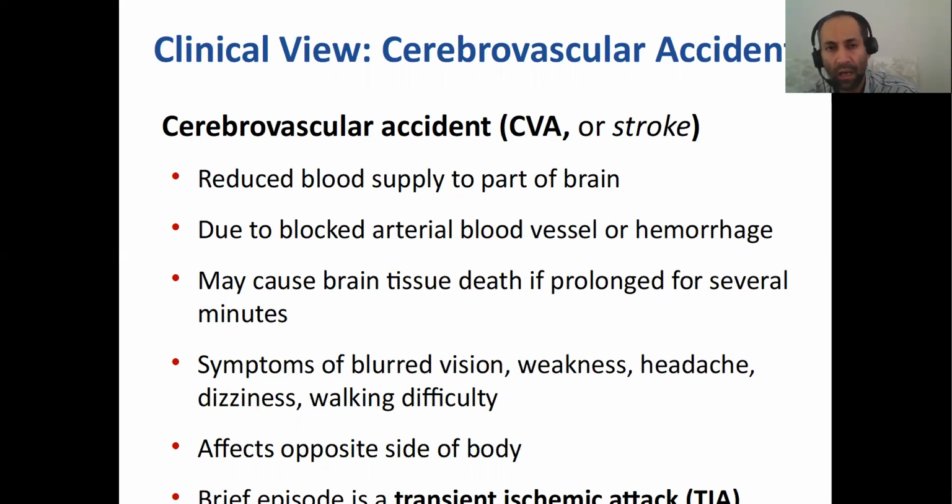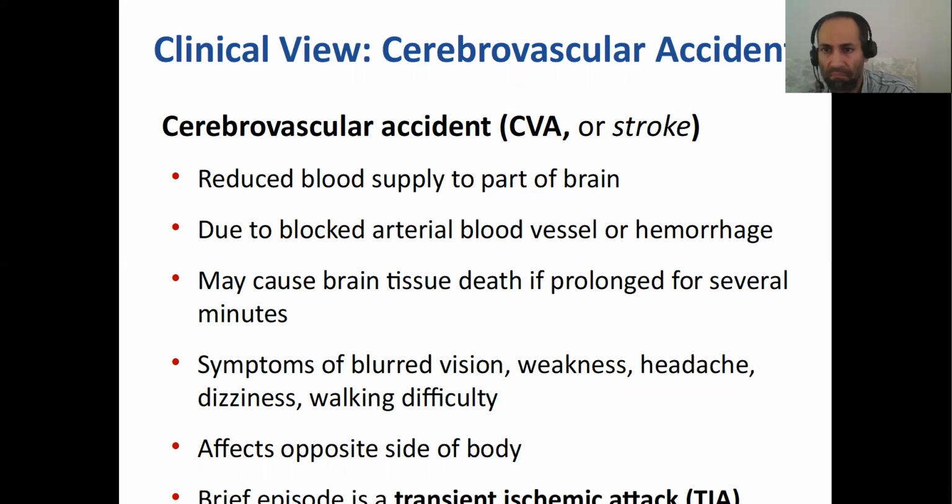All right. CVA, that stands for cerebrovascular accident or stroke. Most commonly caused by a blood clot or a fatty plaque that is built up in your cerebral blood vessels. So there's not enough blood going to your brain. So a poor diet, lack of exercise, stress, lack of sleep, all of those things can contribute towards a stroke. Okay.